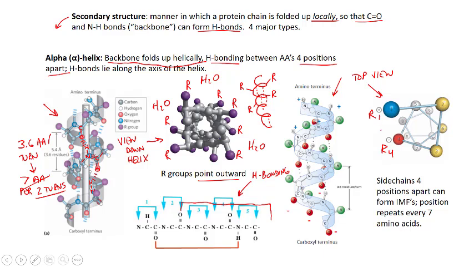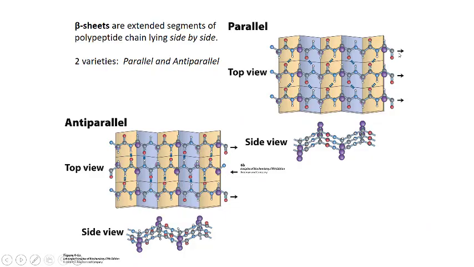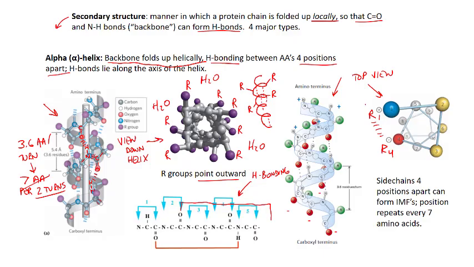And so what that means is that R1 and R4 oftentimes can interact with one another. So this is something you don't always see in alpha helices, but you do see it frequently enough that it's worth mentioning. And that is amino acids that are 3 positions apart may have side chain interactions.